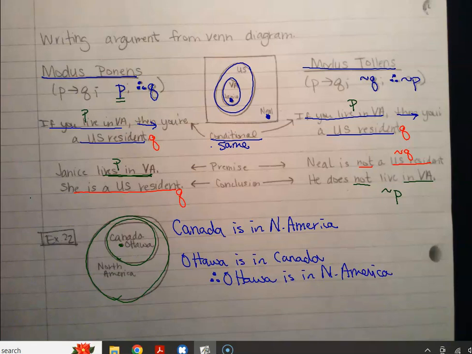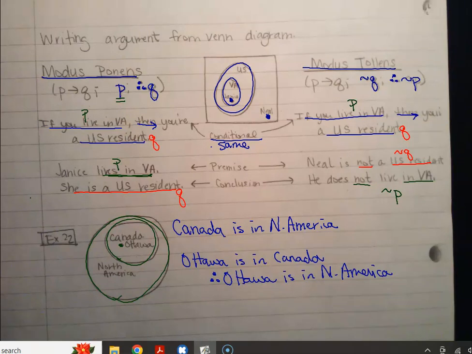Okay, because we only had to do a modus ponens or a modus tollens. We only had to do one or the other. We could put the if, right? If Canada is in North America. But because the other one has if you live in Virginia, but this one we don't really need the if. Canada is in North America. Ottawa is in Canada. Therefore, Ottawa is in North America.